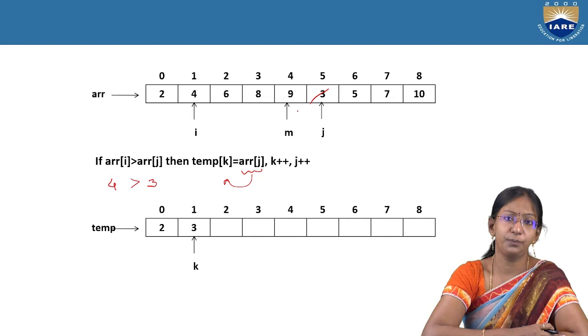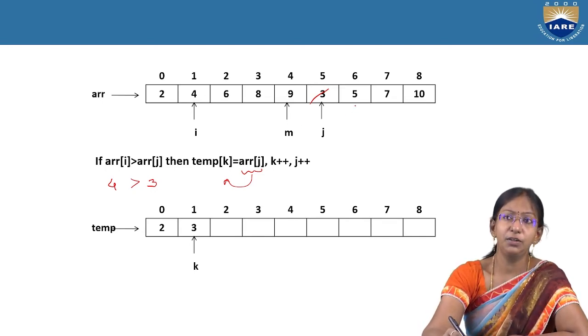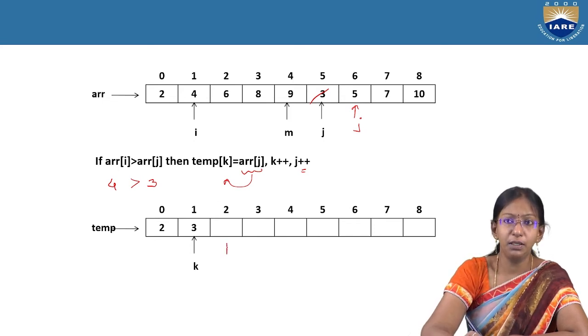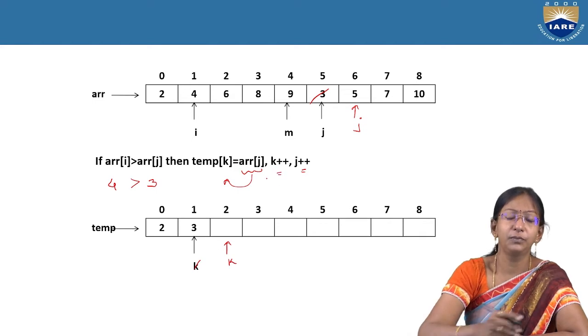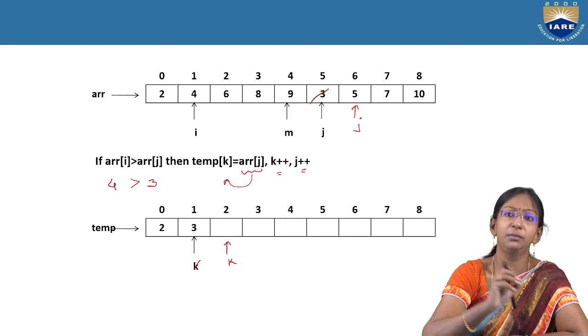Once you have used it, increment the pointer J. And the location which was pointed by K, you have filled with the Jth content. So, increment K.